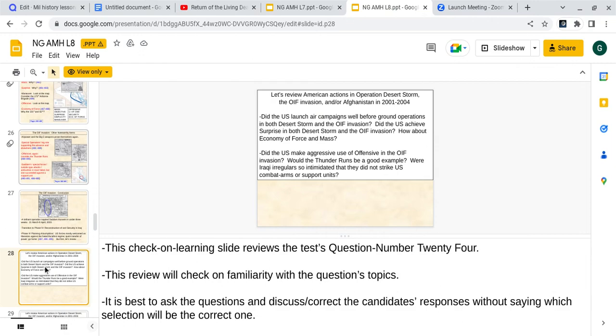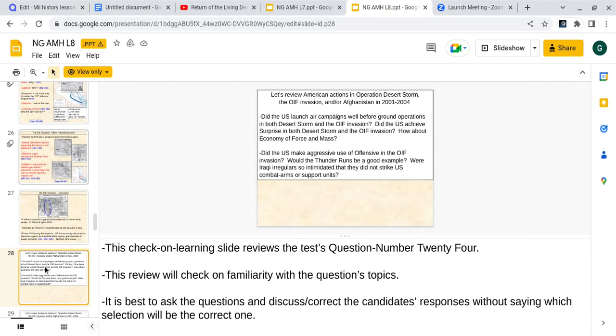Did the U.S. make aggressive use of offensive in the operations in Afghanistan invasion? Yes, we did use aggressive use of offensive. Thunder runs are a good example of that. Were the Iraqi regulars so intimidated that they did not strike U.S. combat arms or support units?